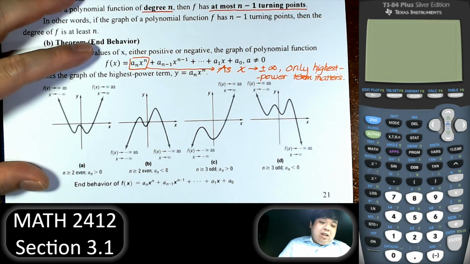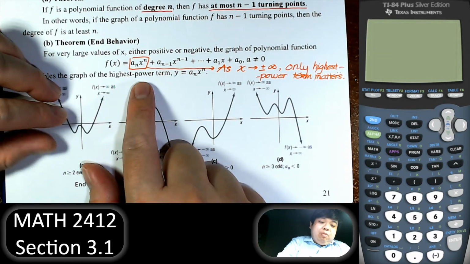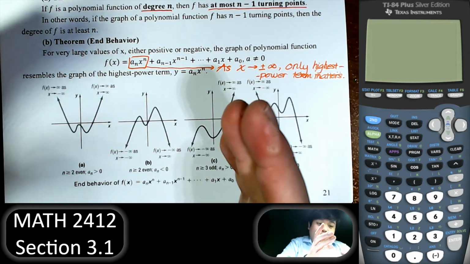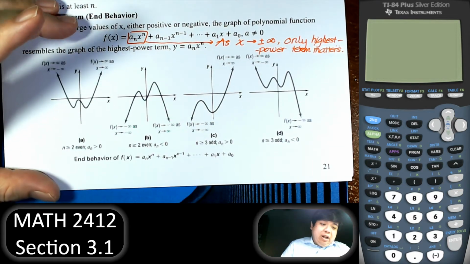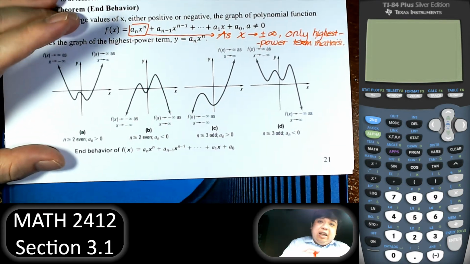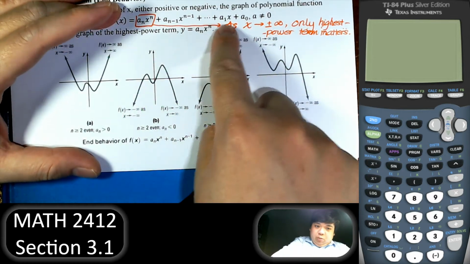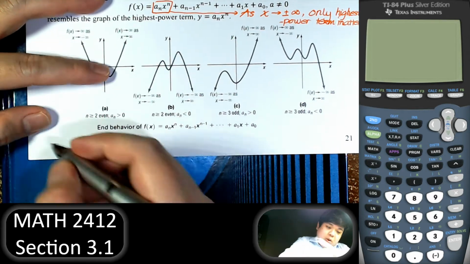Now, with that, when x is very large, the behavior will be just like the one with the highest power. So this is an important note.